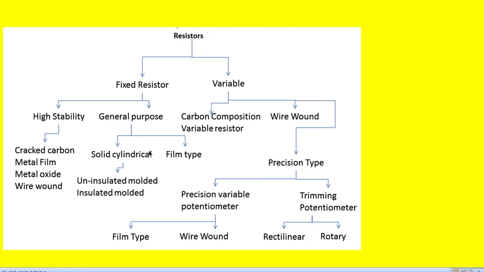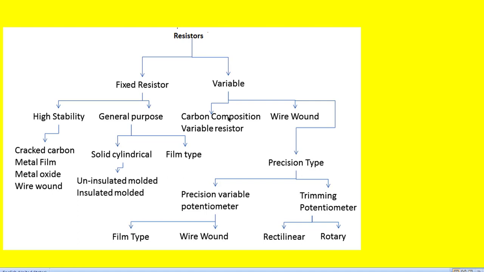Under general purpose resistors, the classification is solid cylindrical type and film type resistor. The solid cylindrical type has two types: uninsulated molded and insulated molded resistors.